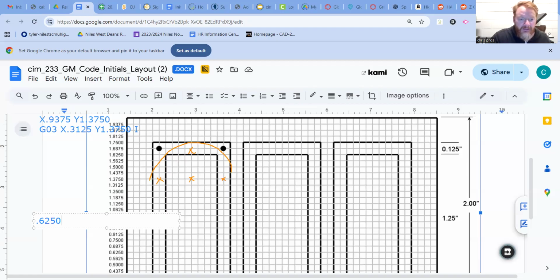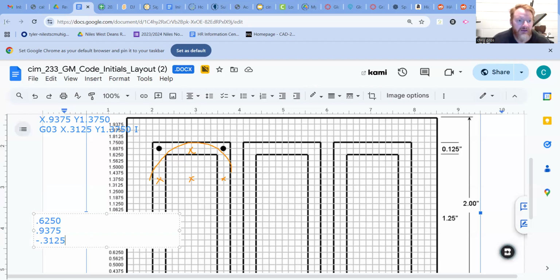And my starting point was 0.9375. I have to subtract these two. Take this, I subtract this. I get negative 0.3125. What does that mean? That means I started at 0.9375, I went negative 0.3125 and I got to this location.